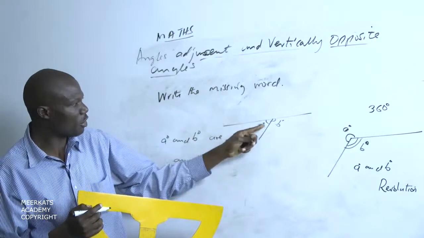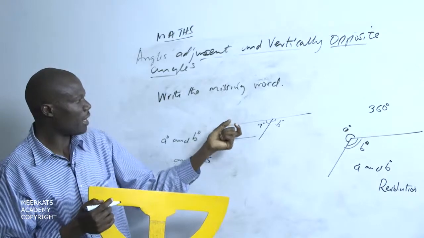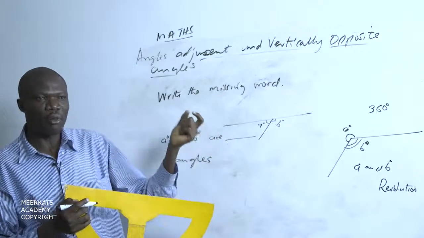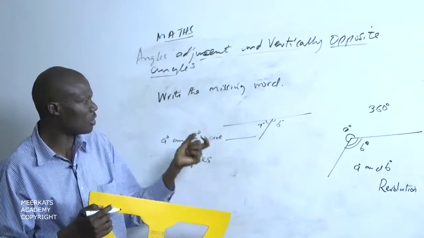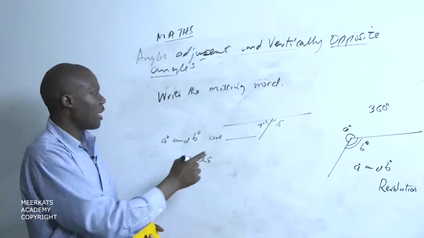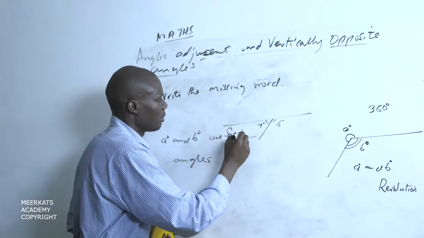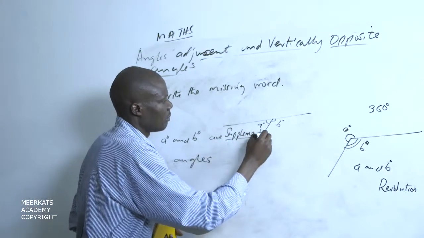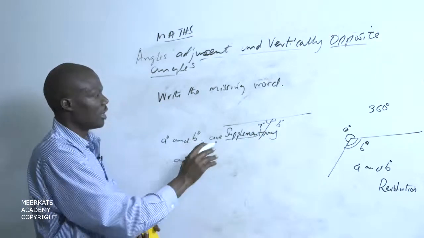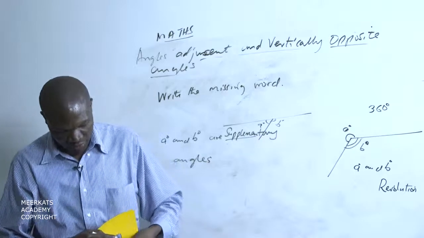If they form one straight line, we ask ourselves, what do we call the angles that form one straight line, which is 180 degrees? Then you'll notice that A and B are supplementary angles. It's a pair of supplementary angles.